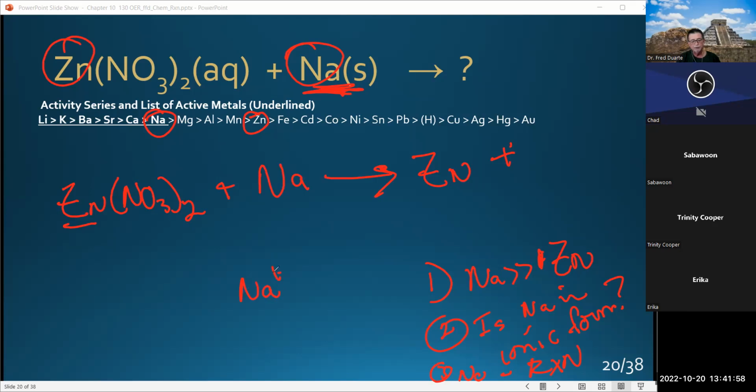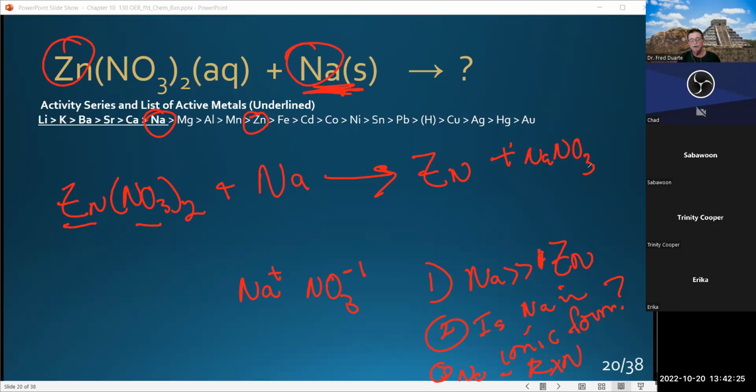Sodium's in group 1, so we know that's a +1 ionic charge. The nitrate is -1, which you can determine from the polyatomic ion table. That means I can put the sodium nitrate together as a 1-to-1.